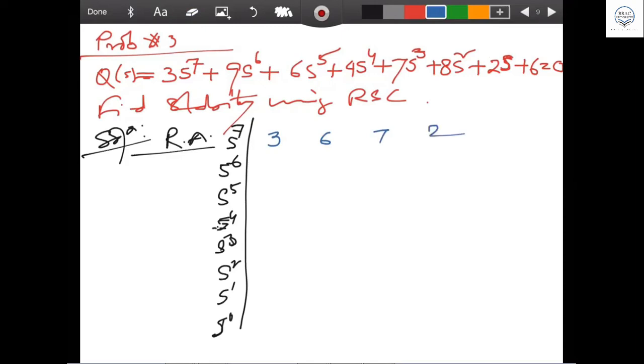Then next, second row: 9, 4, 8, 6. Good. Now, if anybody has calculated the third row, tell me the answer, and all of you check the answer. 4.67, then 4.33, 3, 3.